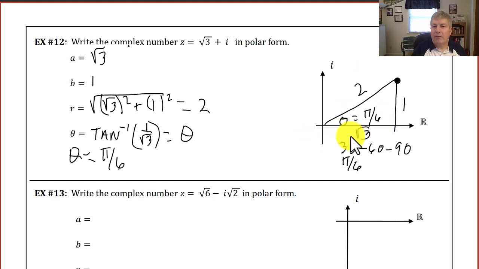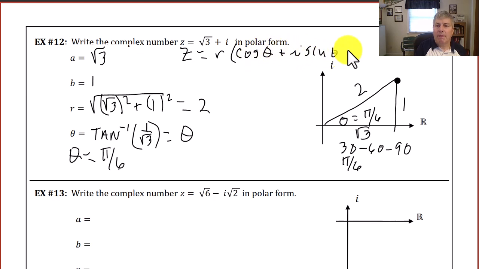So now that we've got everything set up, we have to write it in polar form. Our polar form, z equals r cosine of theta plus i sine of theta. And our r is 2, and we know our theta as well.